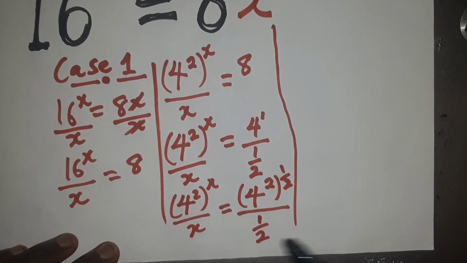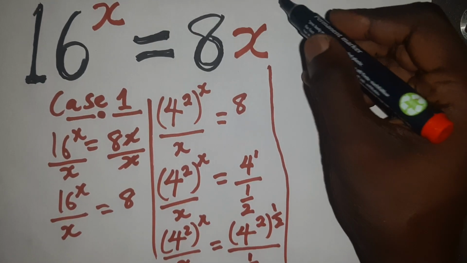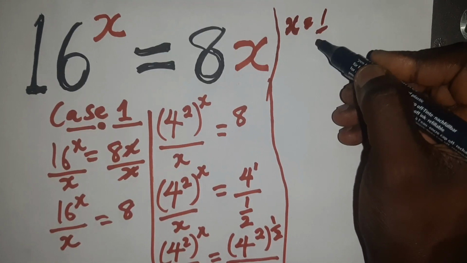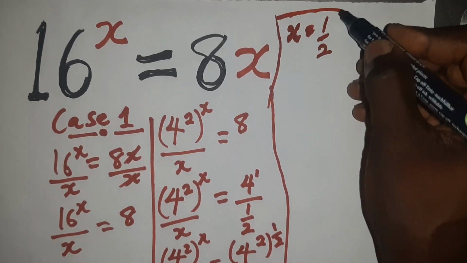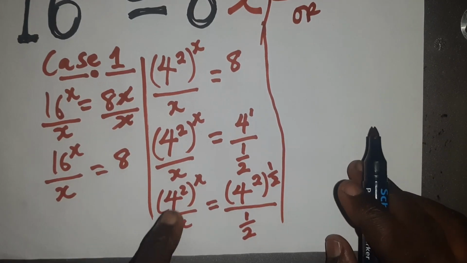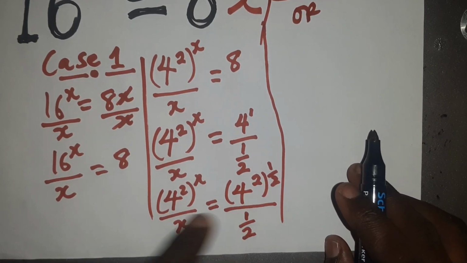We can either equate the denominators, which is x equals 1 over 2. That gives us our answer directly. We can say x equals 1 over 2. Or we can just equate the numerators.